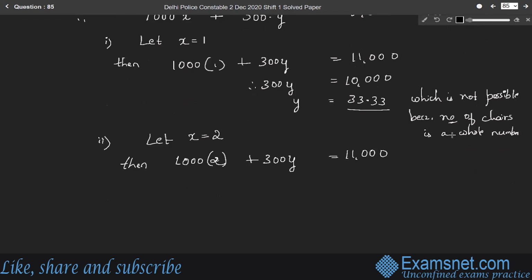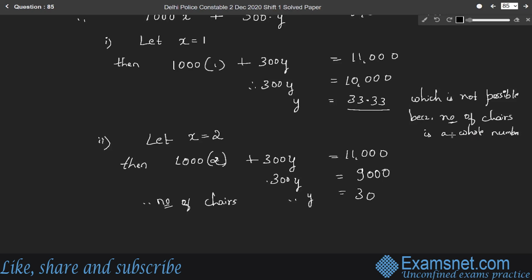Therefore, 300Y is equal to 11,000 minus 2,000, which is 9,000. Therefore, Y is equal to 90 by 3, it is 30. So what is Y here? Therefore, the number of chairs.